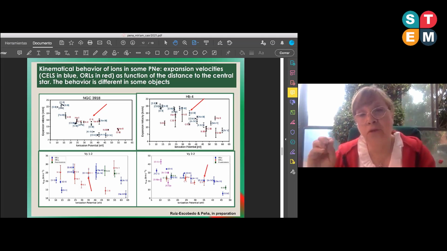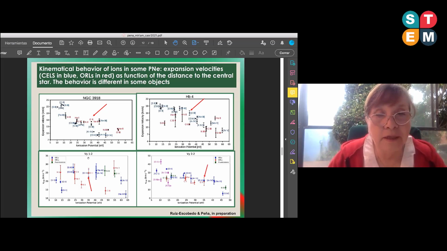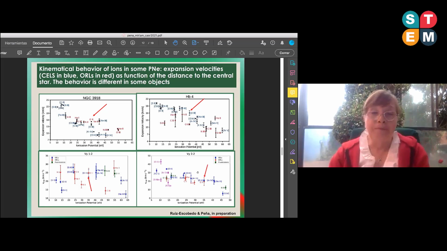So they should behave equally, but it's not the case. And also it's not the case in this NGC 3918. The optical recombination lines show a larger velocity than the collisionally excited lines. In the case of the other two objects, on the other hand, the velocities coincide for the same ion. This is okay. This is what we should expect.